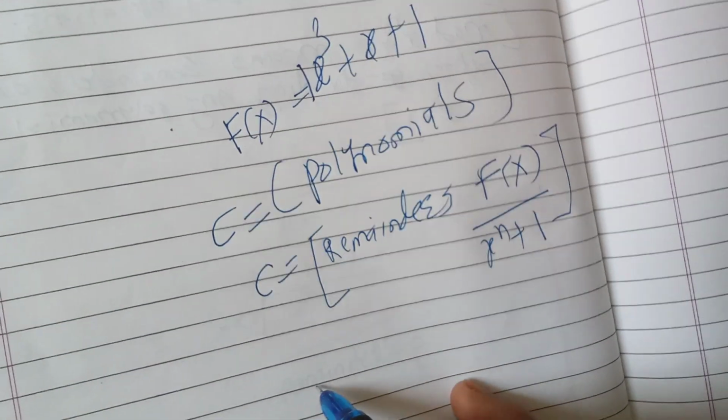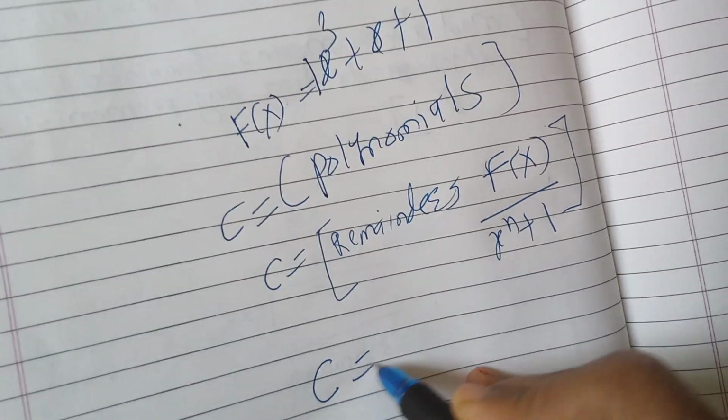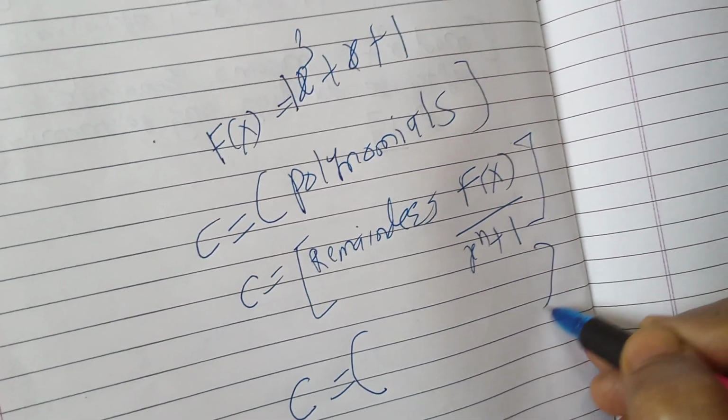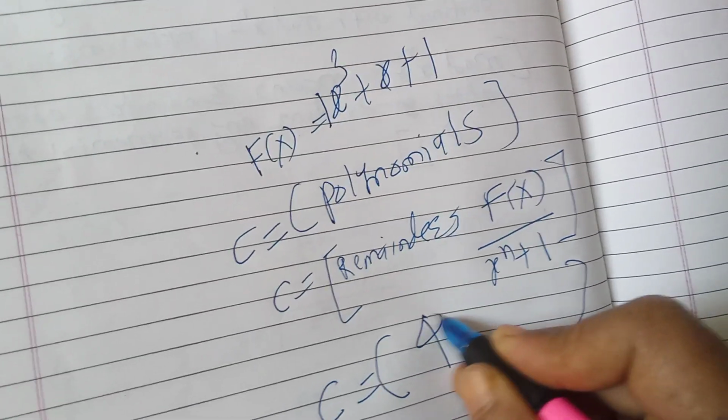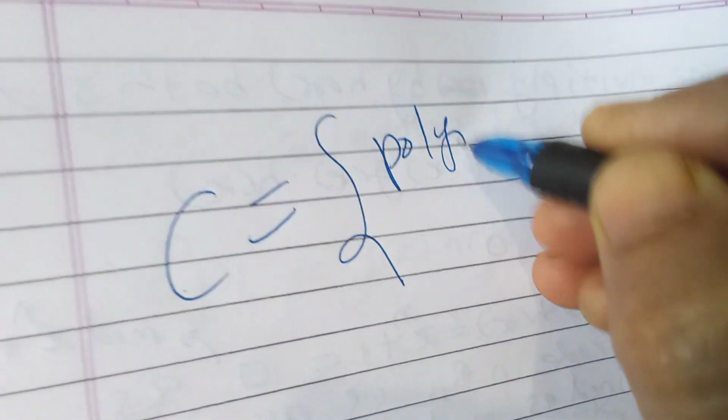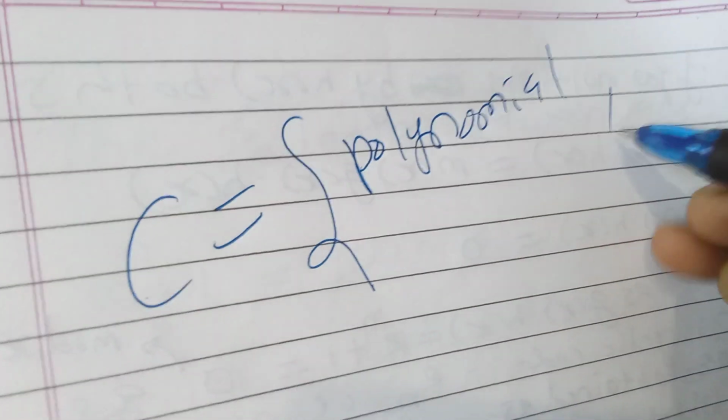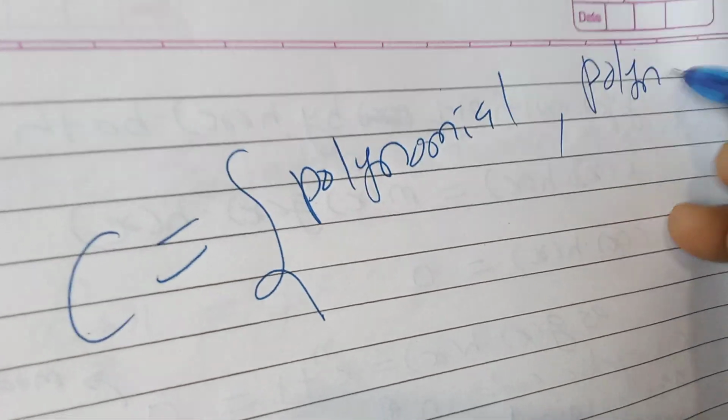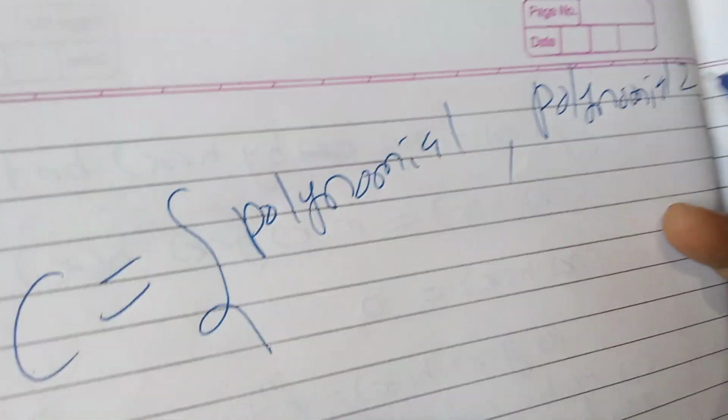So always remember that C is a code set of polynomials: polynomial 1, polynomial 2, likewise. So this is a code set.